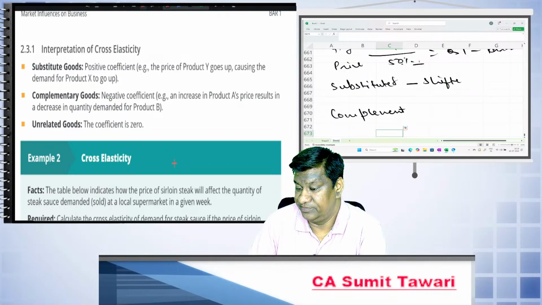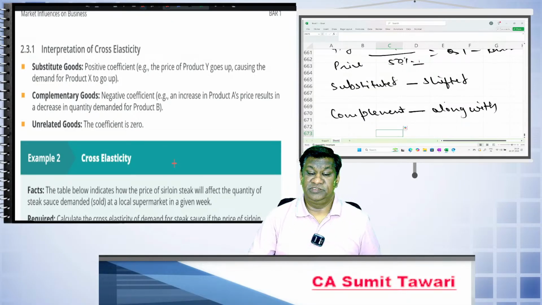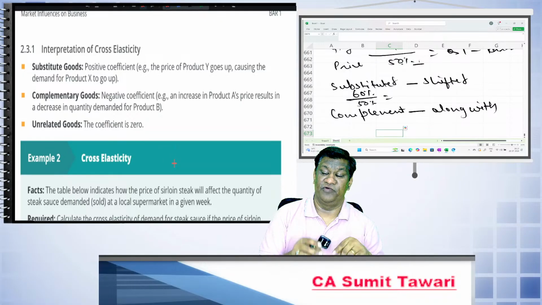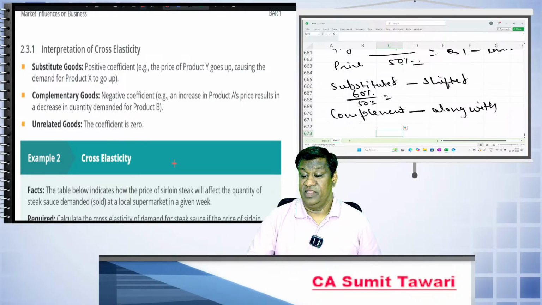So positive means the price of product Y goes up, causing the demand of product X to go up. What does it mean? Even though the price decreased by 50%, the quantity demanded of product Y increased by 60%. That means it is a substitute, because people are shifting from one product to another product. Complement is basically the car example which we saw.